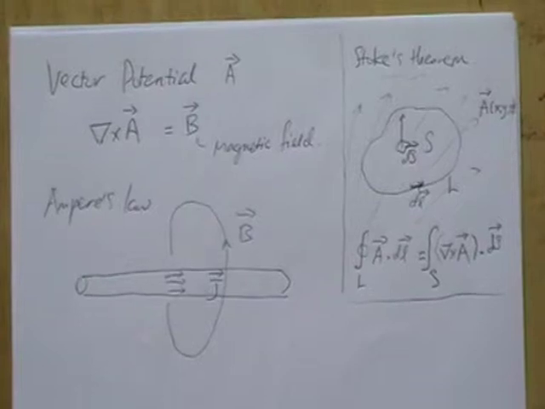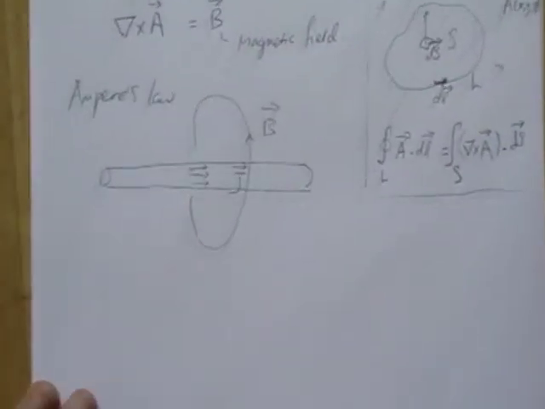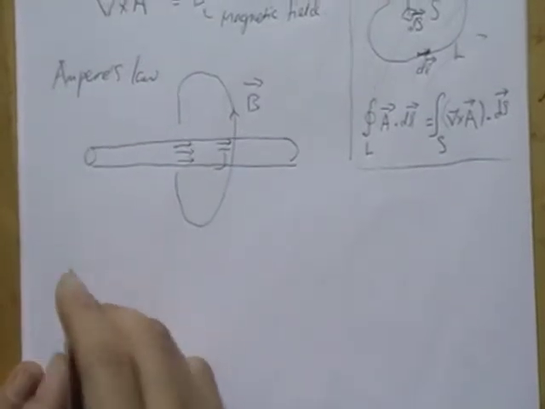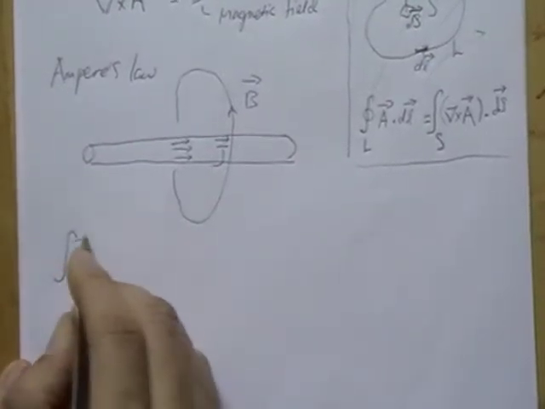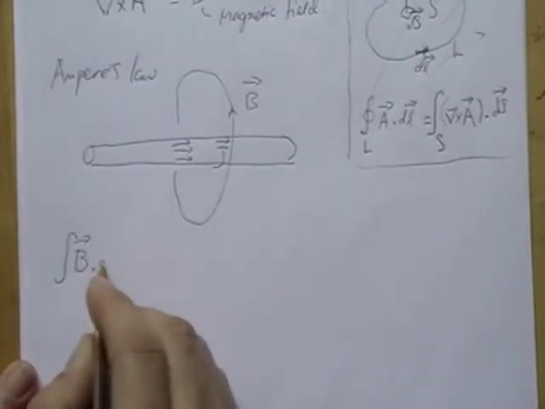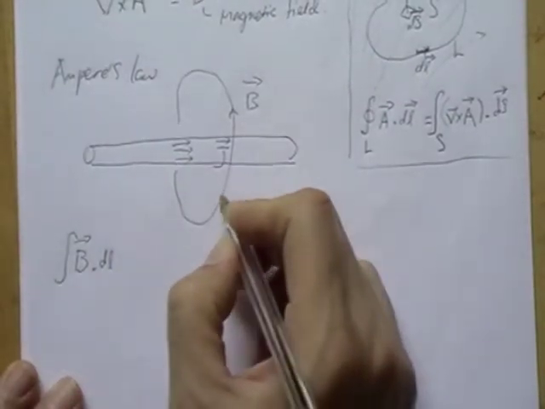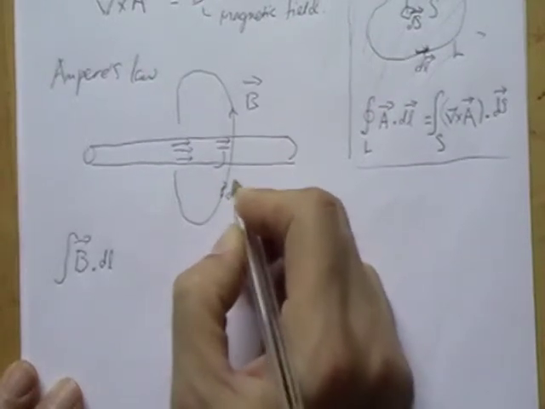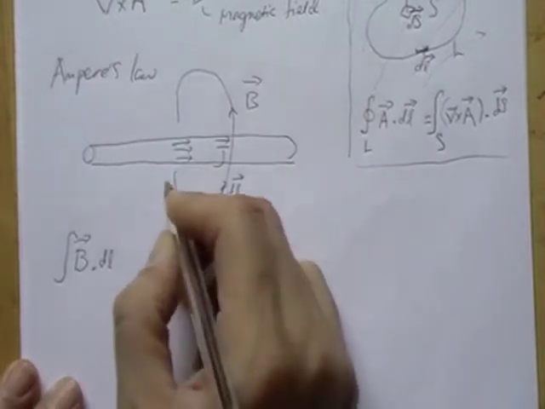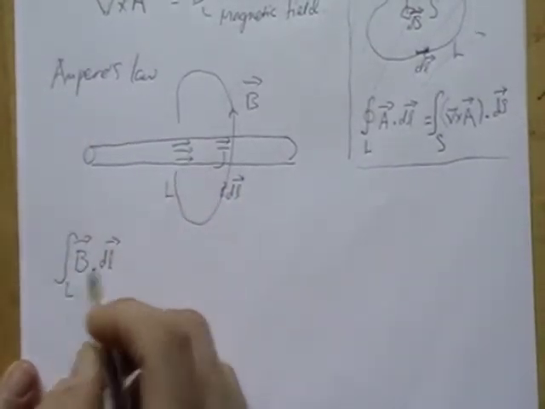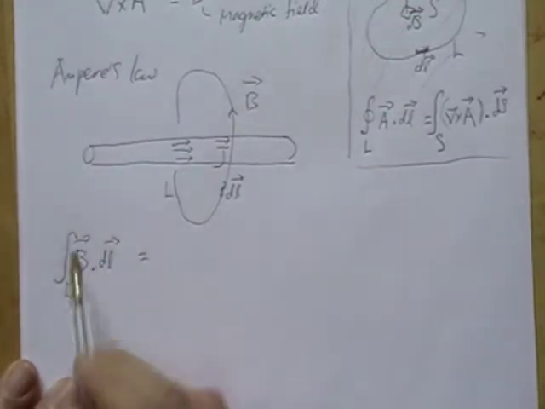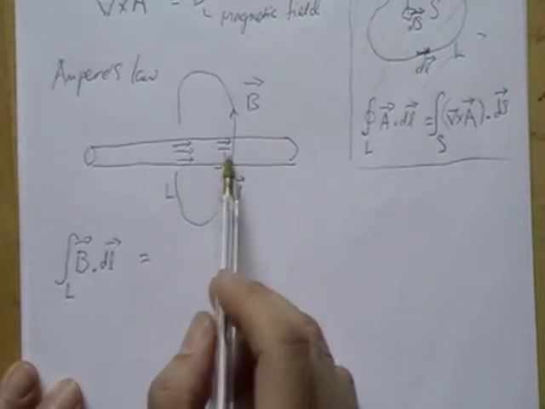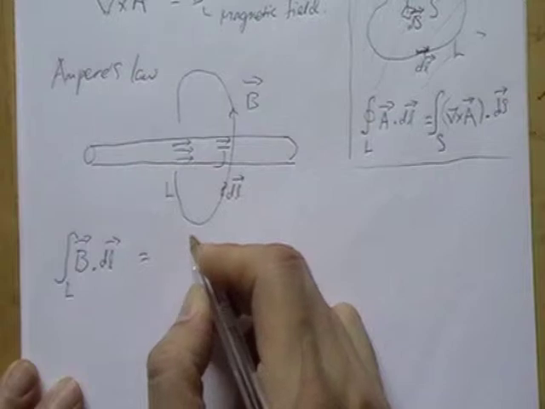And Ampere's law tells us that if we integrate the magnetic field dotted with a short section of this loop L, and integrate this dot product around the loop, then this answer would be related to the current density in this way.